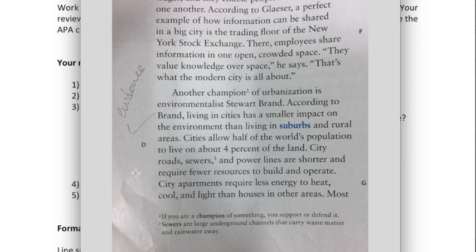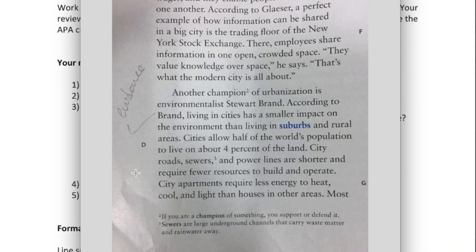So you may pause this video and take a look at page 54 and read the whole paragraph D. So you see whether or not Stewart Brand has supported his opinion that living in the cities has a smaller impact on the environment than living outside the cities with evidence.